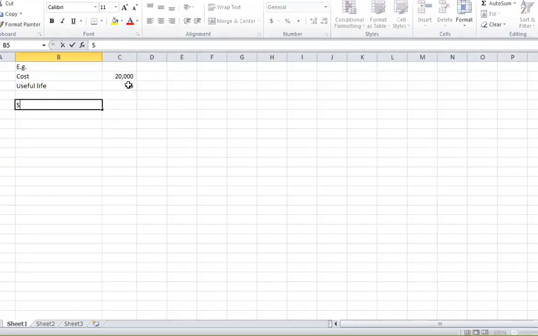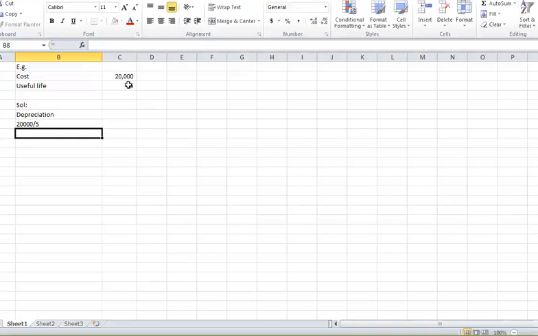So it means we will use this asset for 5 years, and what would be the depreciation? 20,000 pounds divided by 5.